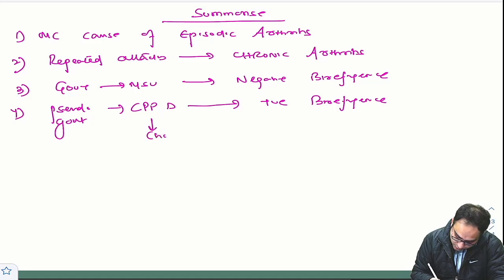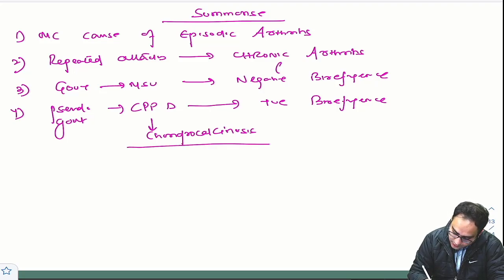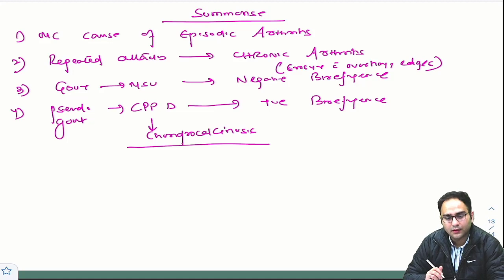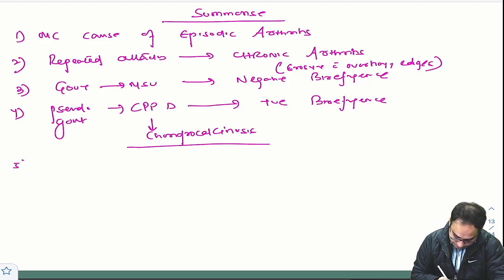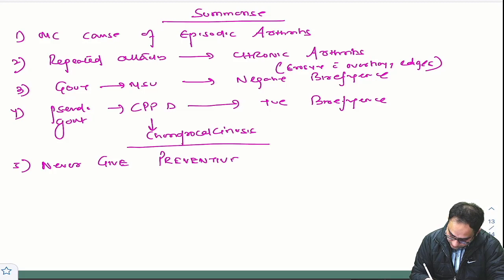You get chondrocalcinosis in pseudo gout, and you get erosions with overhanging edges in gout. Never give preventive therapy in acute gout.